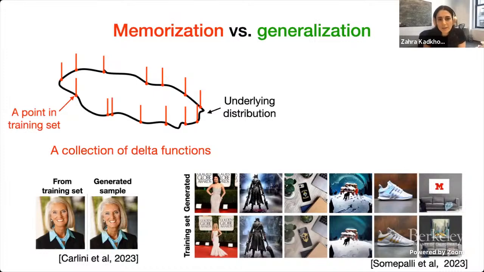And on the right is another example of a different work where on the bottom row, we have training images which are very close to the generated images, or they're replicated in regions of the generated images. So this is evidence of memorization in diffusion models.